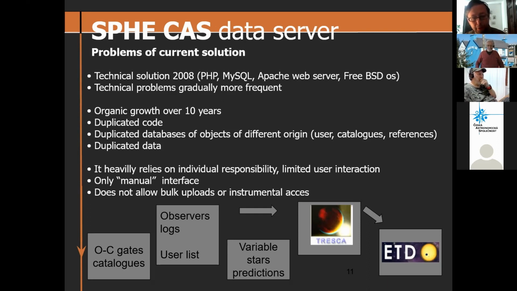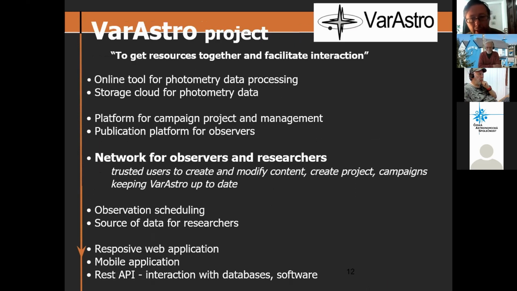And so Luboš decided to make a new project, which we call the VAR-Astro project. What he says about it is it's mainly to get all these resources together and facilitate interaction.